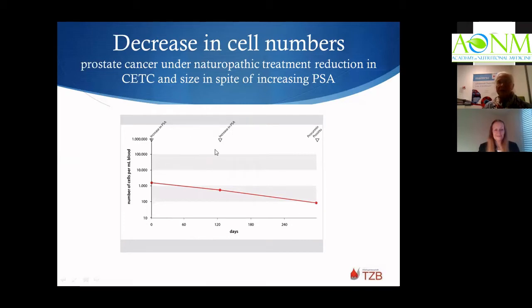And indeed, this was in spite of an increase in serum PSA, but the patient is still in complete remission. So the PSA was less effective or less telling than our cell numbers.